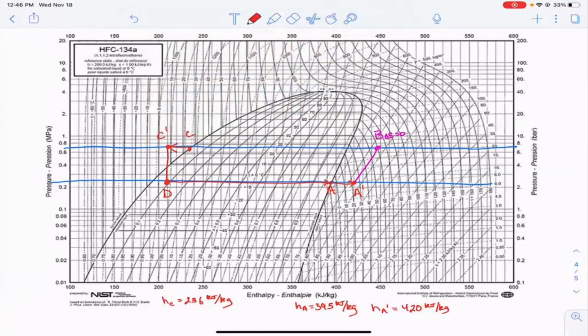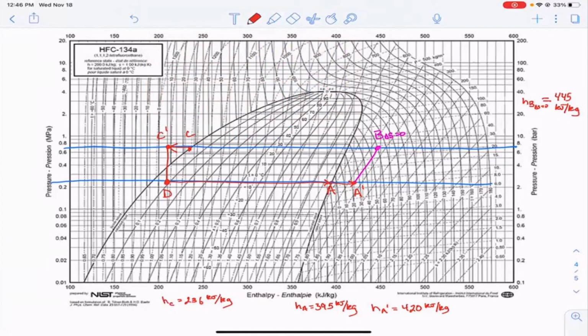And if we want to, we can find the enthalpy of B when delta S is equal to 0. And that number, if you read it off the plot, is about 445 kilojoules per kilogram, okay?